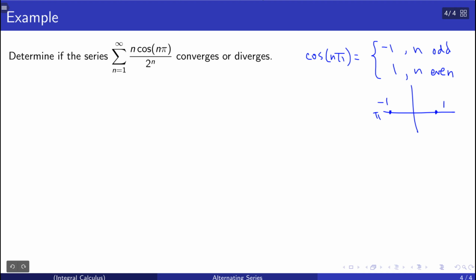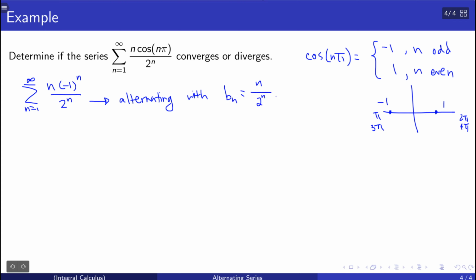Pi is here, and then 2 pi, and then 3 pi, and then back to 4 pi, and so on. So really, I can write the series as the sum of (-1)^n times n over 2^n. So this is alternating with the positive part, b_n, equal to n over 2^n.